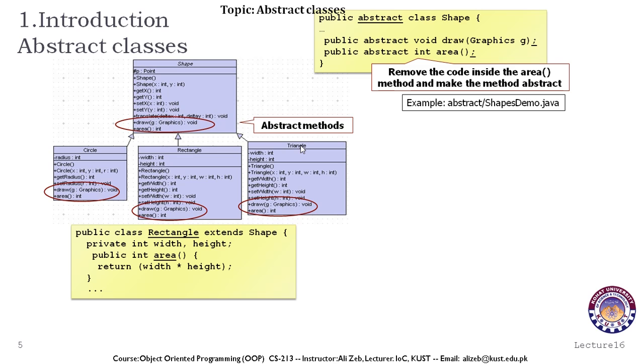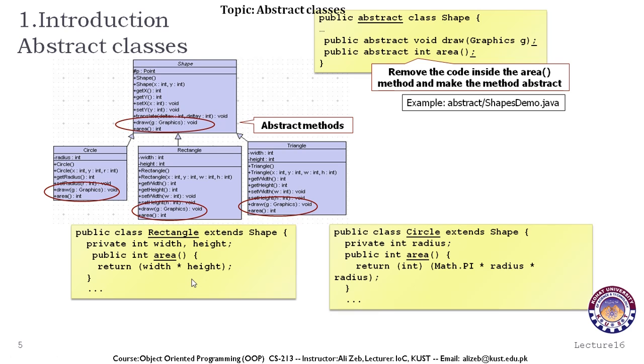The implementation of the abstract method is now a requirement in the subclasses. So when we extend the shape class in the rectangle class, we need to have an implementation of the abstract methods of the shape class in the rectangle class. We need to implement the area method, and the shape method as well.